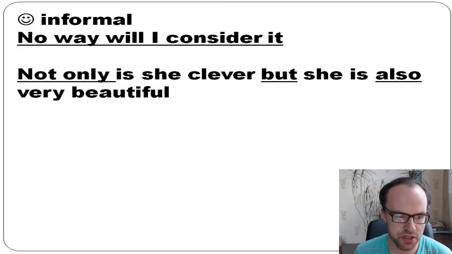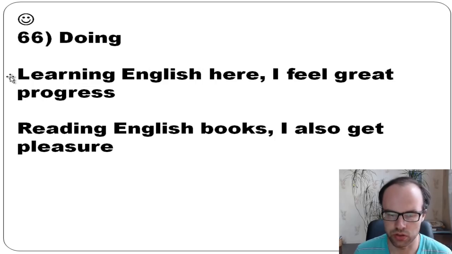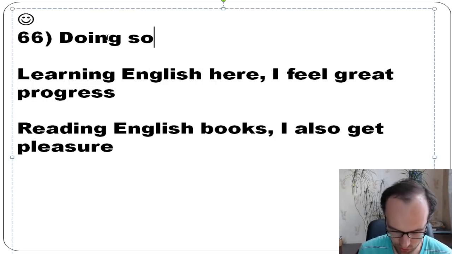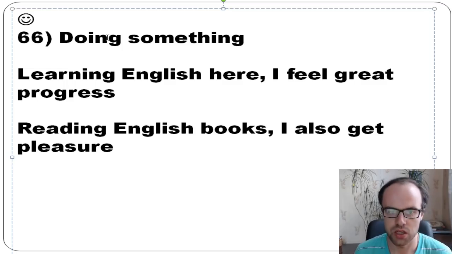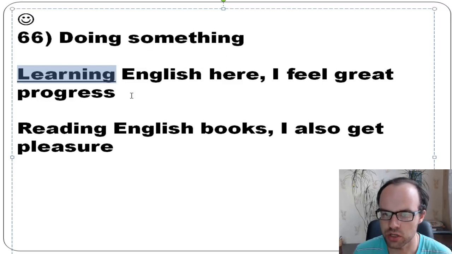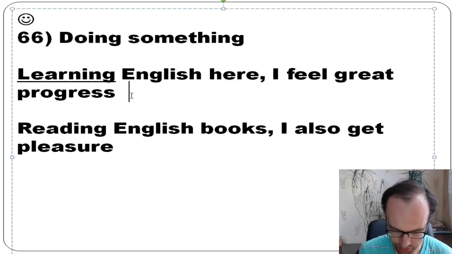Okay, so the next very important thing is doing something. So what does it mean, doing something? Learning English here, I feel great progress. It means when I learn English here, I feel great progress.